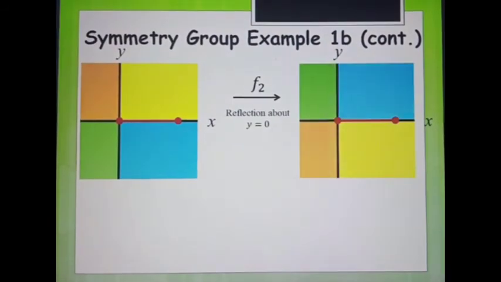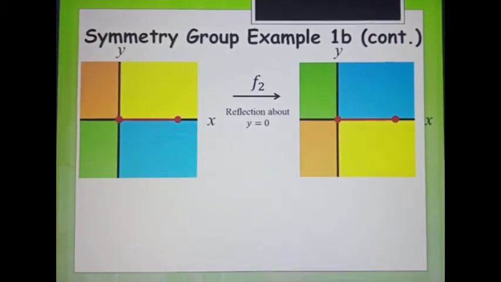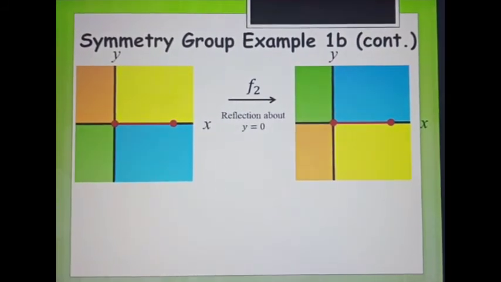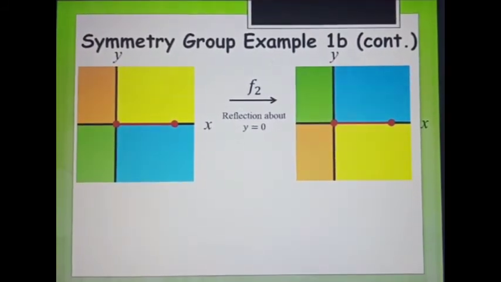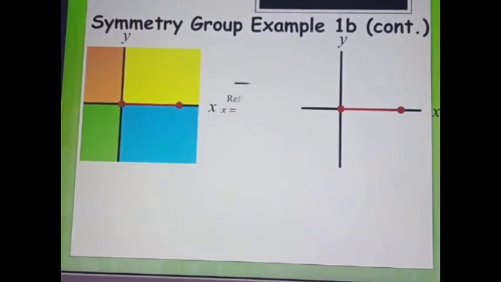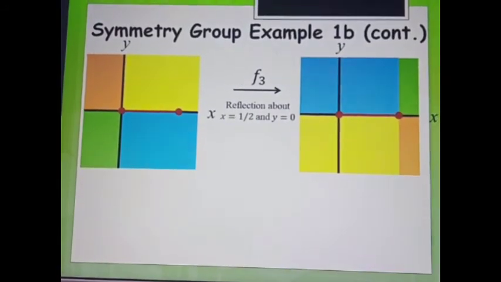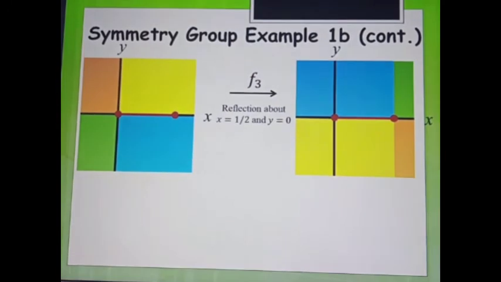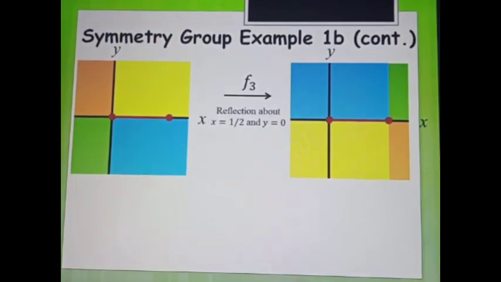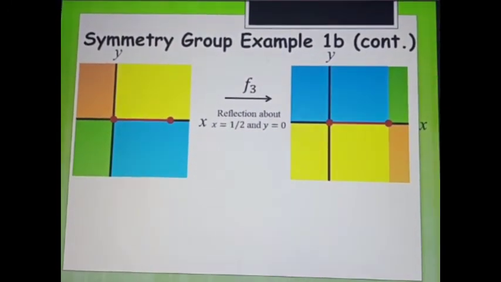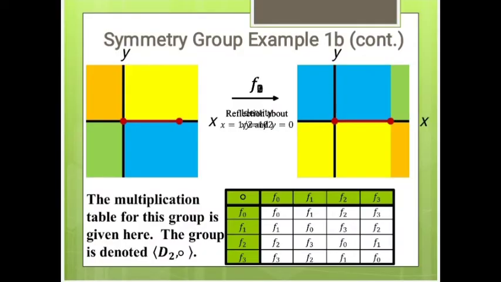And this one is for f sub 2, the reflection about y = 0. And f sub 3, the reflection about x = 1/2 and y = 0, illustrates like this. The multiplication table for this group is given on the right side here.